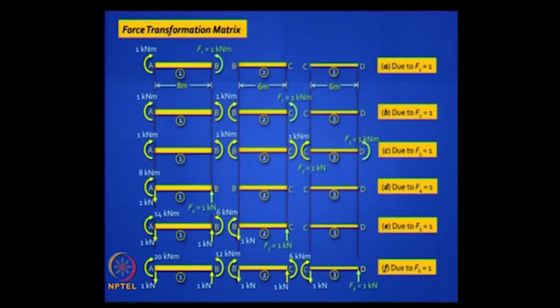You will find the unit load bending moment diagrams will either be linearly varying or will be constant. If you are applying a unit moment, you get a constant moment in element 1. If you are applying a unit load force, you will get a linearly varying bending moment diagram. That is all automatically captured by F1 star and F2 star.